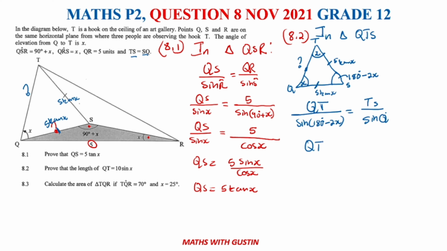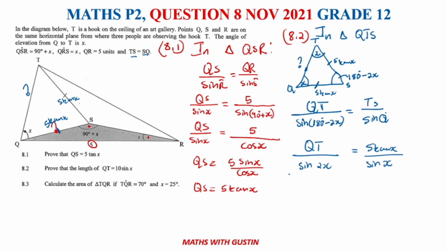We are looking for QT all over sine (180 minus 2x). Sine in the second quadrant is positive, therefore this will be sine 2x, is equal to TS. What is TS? TS is 5 tan x all over sine Q, which is sine x.